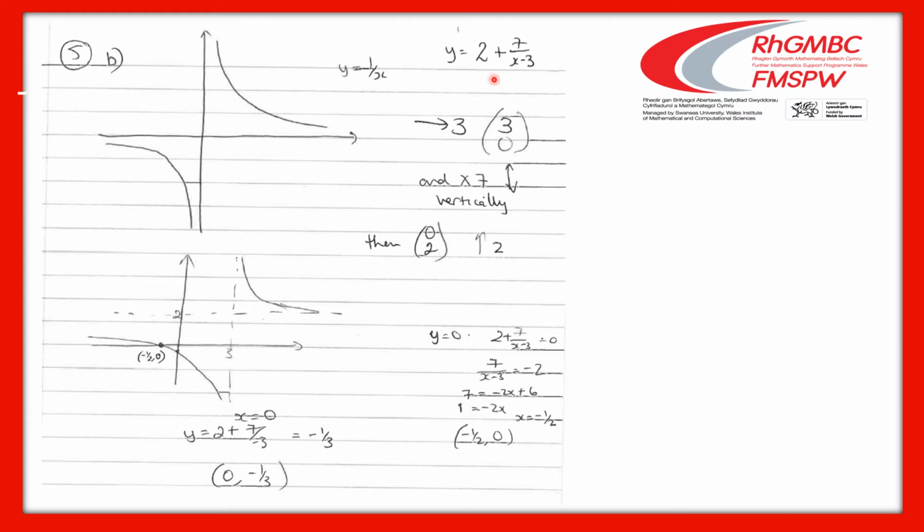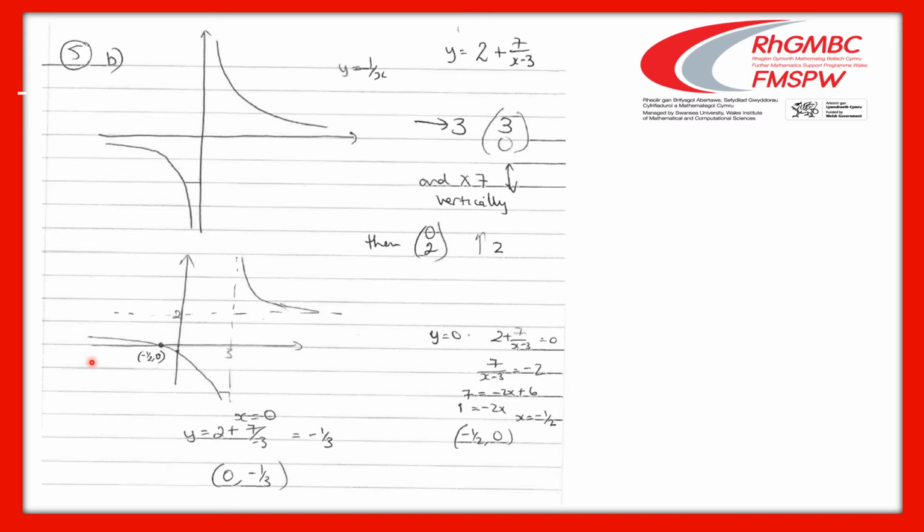With the add 2, this moves the whole graph vertically up, and so the x-axis, the horizontal asymptote, is now moved to the line y = 2. And it's been stretched as well vertically by the times 7.